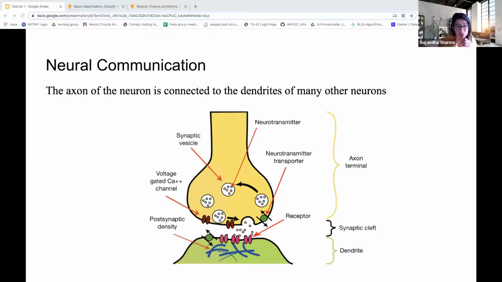In the receiving neuron, this is the dendrite of a receiving neuron, there are receptors. These neurotransmitters bind to these receptors, which allows flow of signals into the receiving neuron. This is called a synapse, and this region is called the synaptic cleft. What we call weights in artificial neural networks is trying to simulate this synapse at the junction of two neurons.